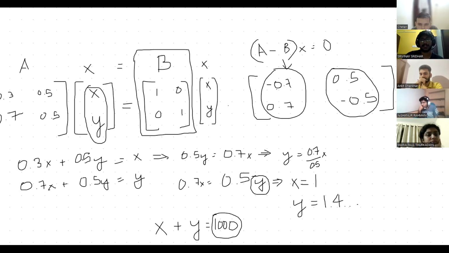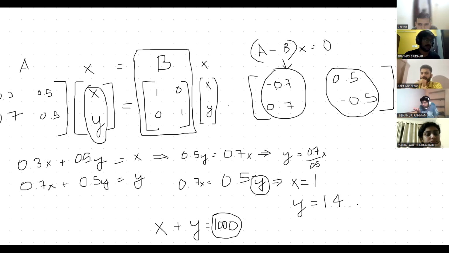What is the nature of this existence? Is it a point? Is it a set of points? There are two or more inputs which are giving the same output, that is 0, 0.